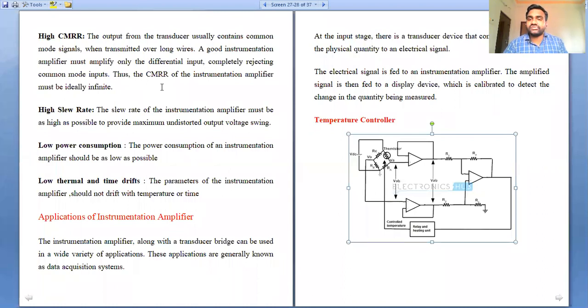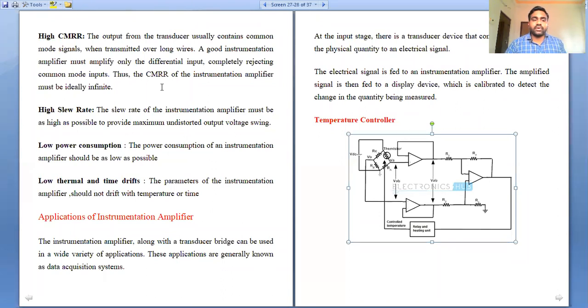In an ideal operational amplifier, the slew rate is 0.5 volts. That 0.5 volts slew rate will help in the instrumentation operational amplifier, and our output voltage distortion will be avoided with the help of the slew rate condition.